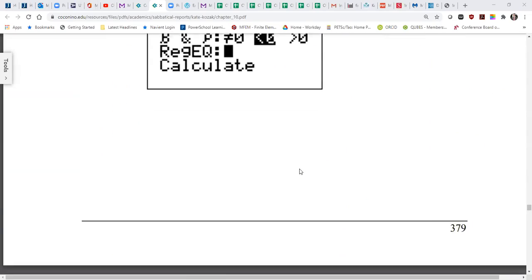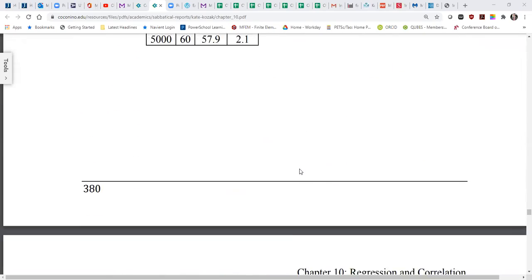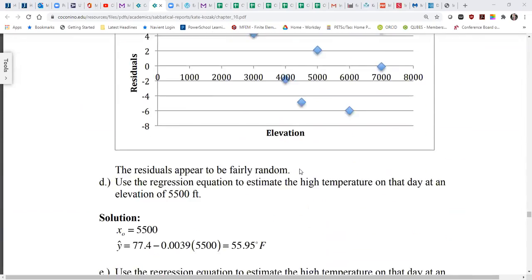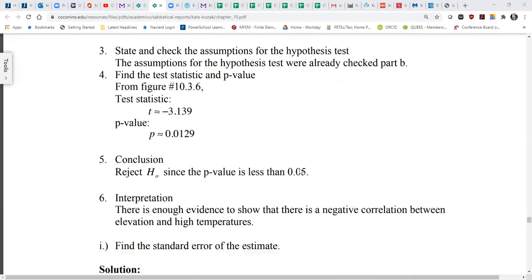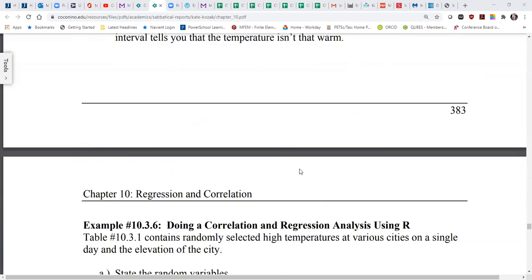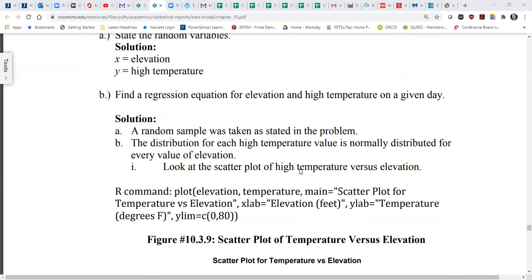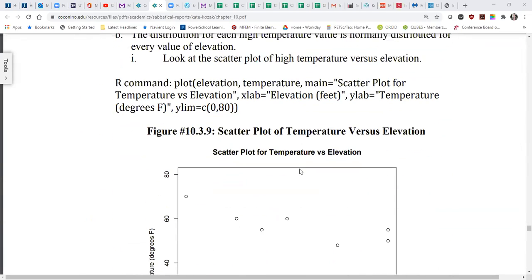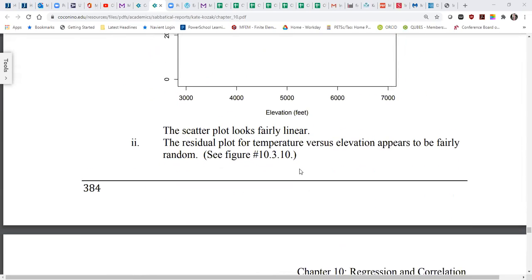Okay, let's go to the homework. You can see there's also we're looking for the confidence interval.